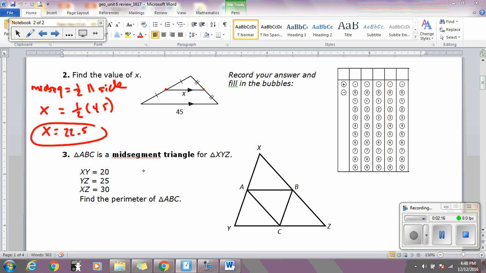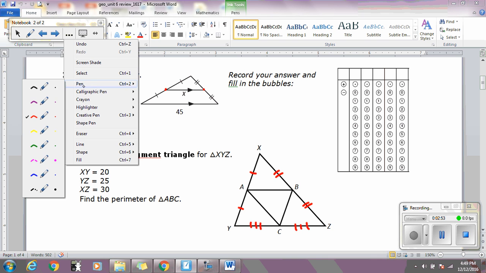Number 3, in triangle ABC is a mid-segment triangle. In other words, XA is congruent to AY, XB is congruent to BZ, and YC is congruent to CZ. So all three of these segments, AB, AC, and BC, are mid-segments of the much larger triangle XYZ.